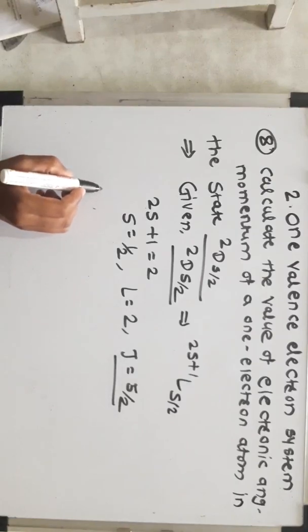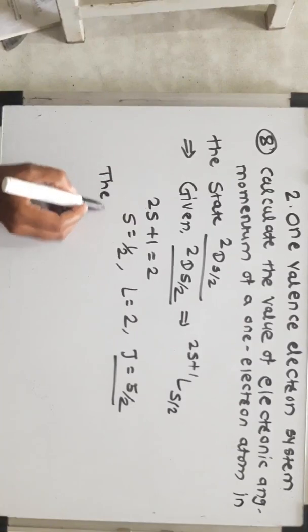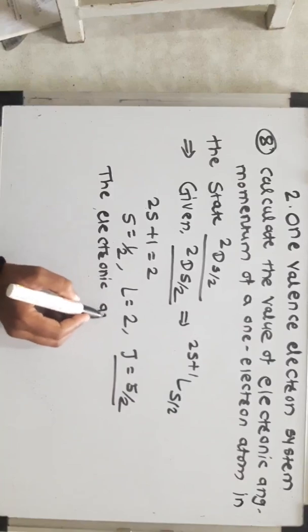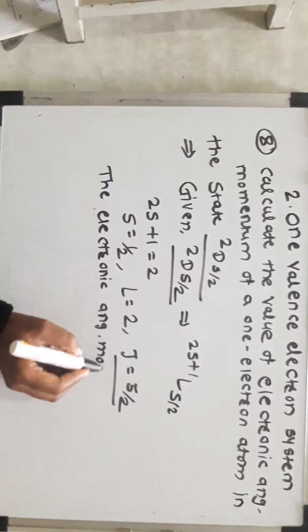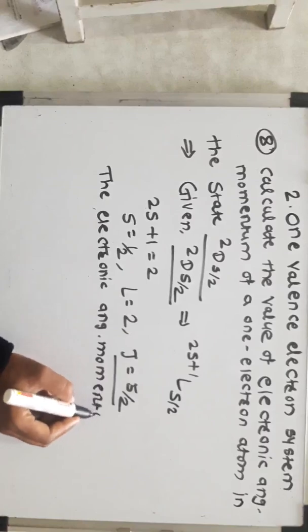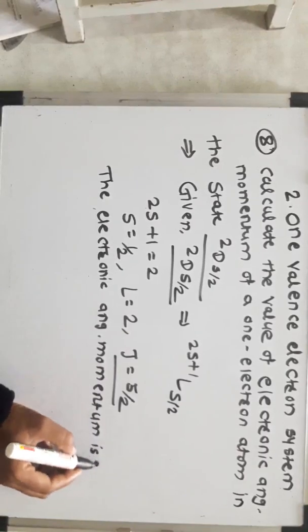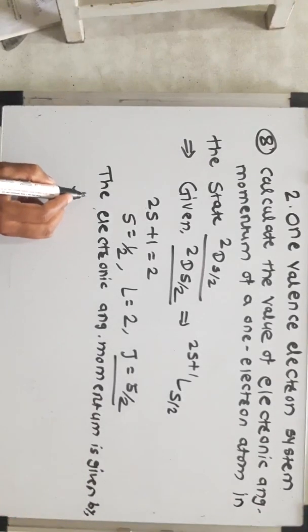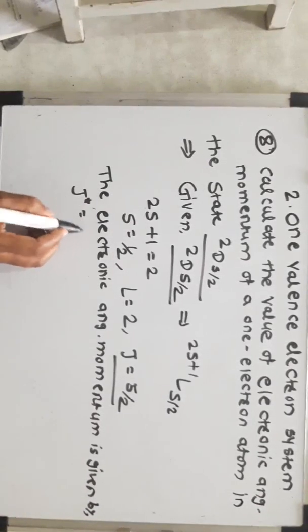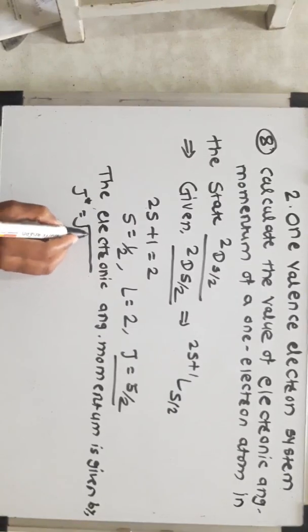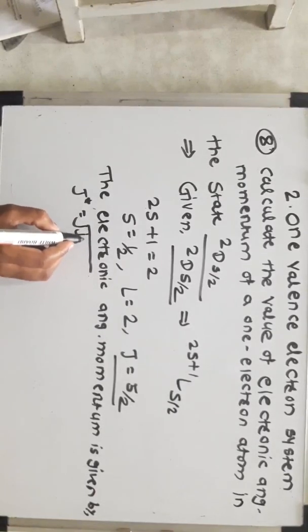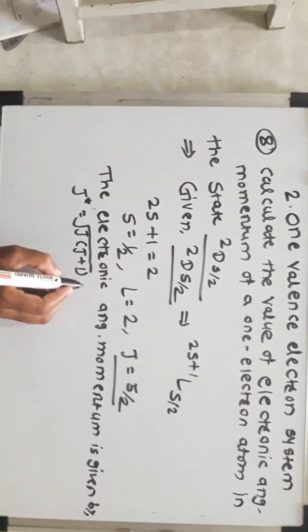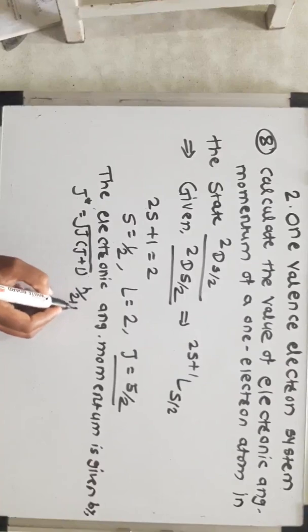Therefore the electronic angular momentum is given by J* = square root of J(J+1) times h upon 2π.